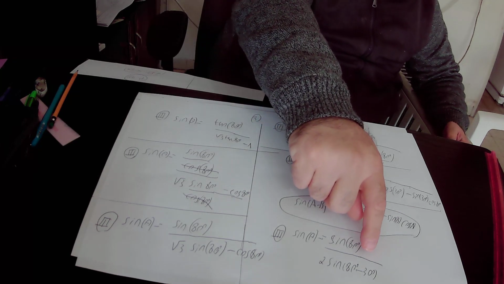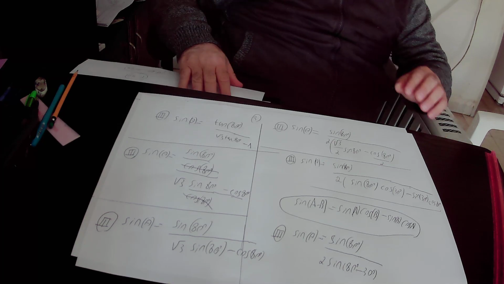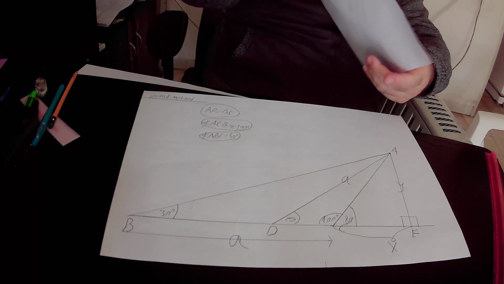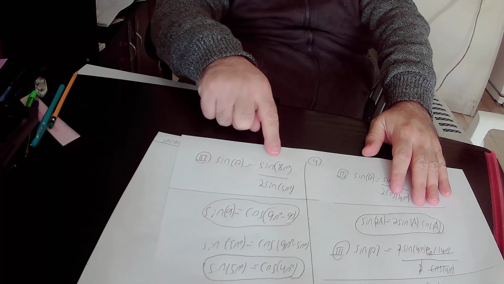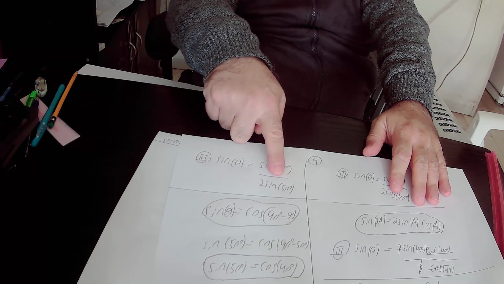Here 80 degrees minus 30 degrees is 50 degrees. So in conclusion, we got that sine theta equals sine 80 degrees over 2 sine 50 degrees, because 80 degrees minus 30 degrees is 50 degrees.